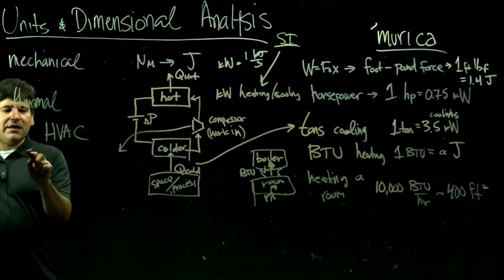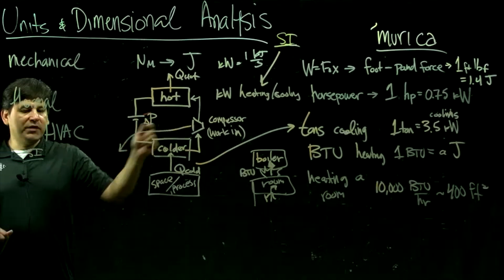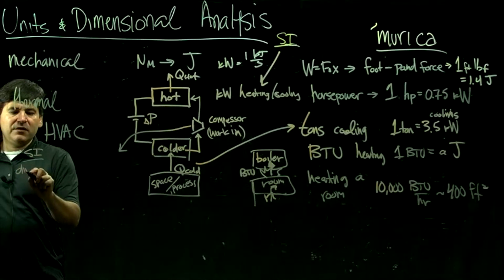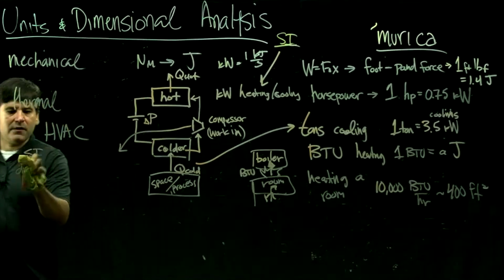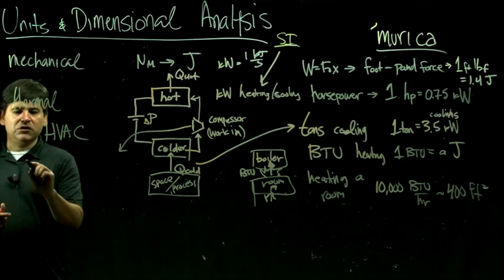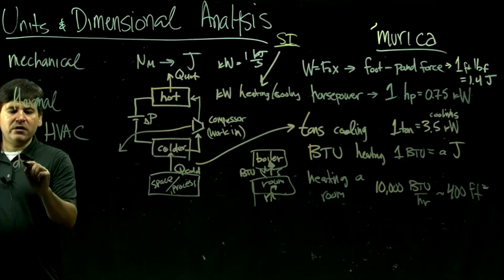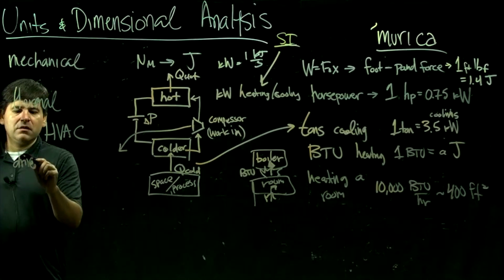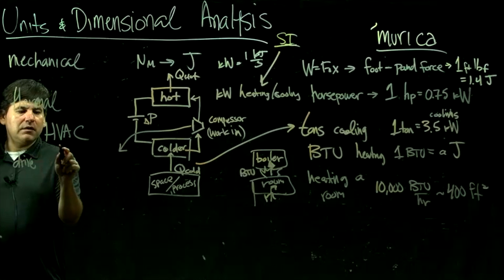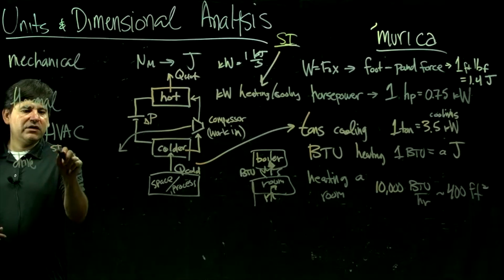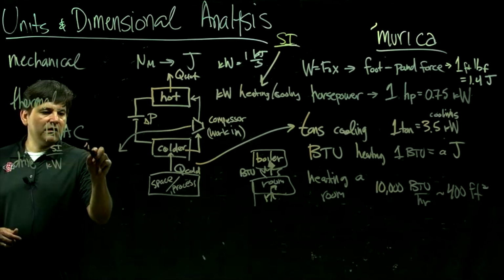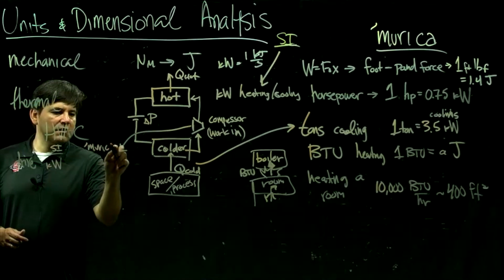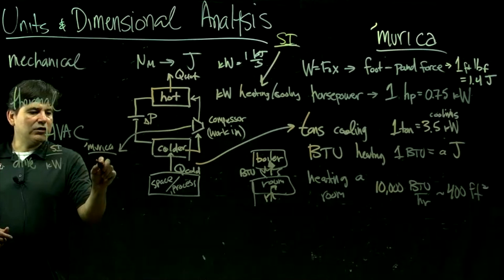So the motor part, let's call it the drive motor, or the mechanical part, in SI units would be kilowatts, of course, kilowatts of the drive. In America, this would be horsepower.